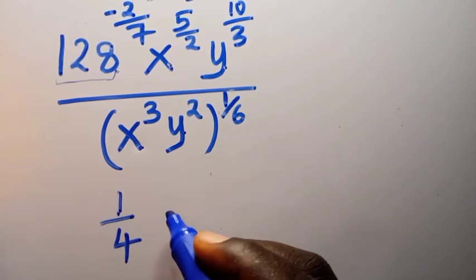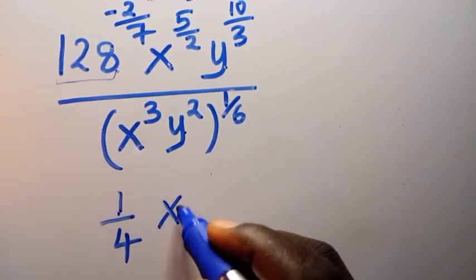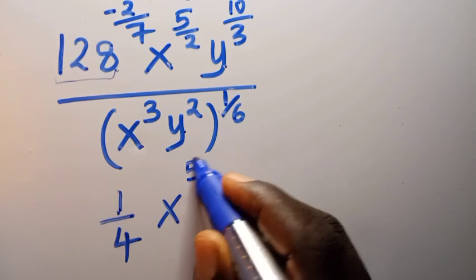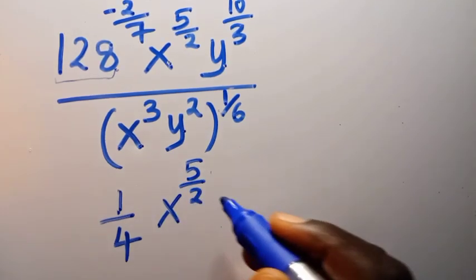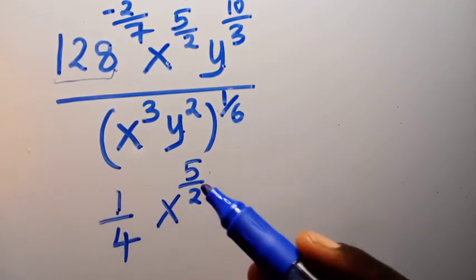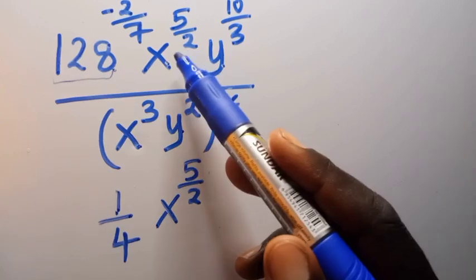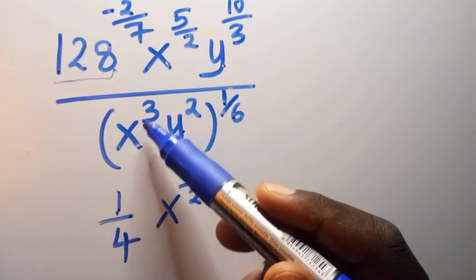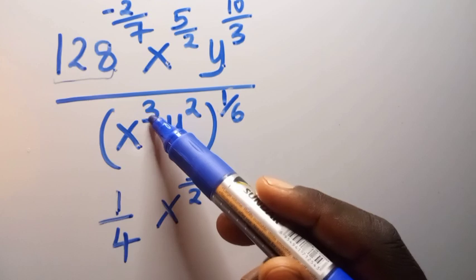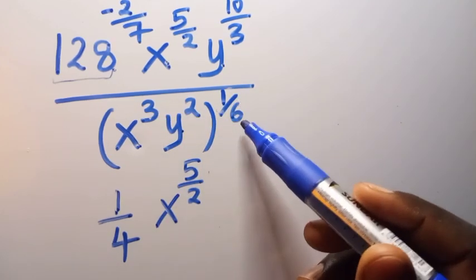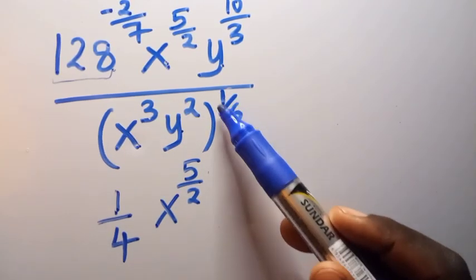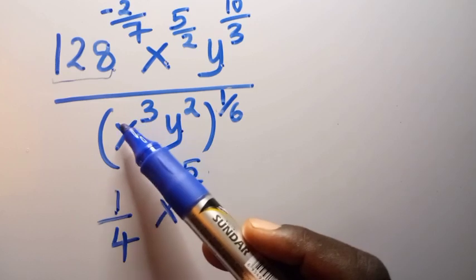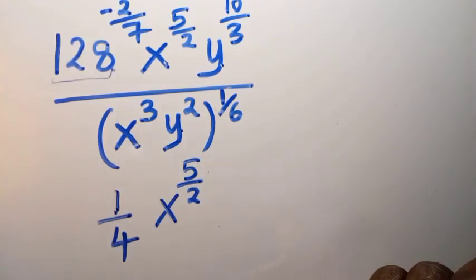Then we have x raised to 5 over 2. Now, I want to divide like terms directly. That is, we have x raised to 5 over 2, we have x raised to 3, then raised to 1 over 6, because this power can be distributed inside the bracket.